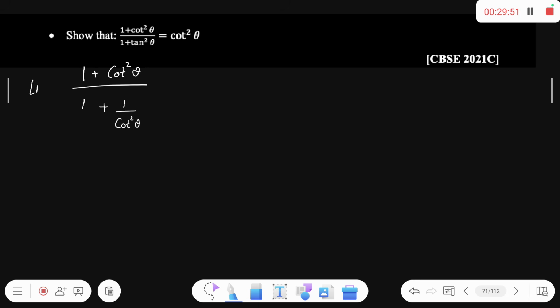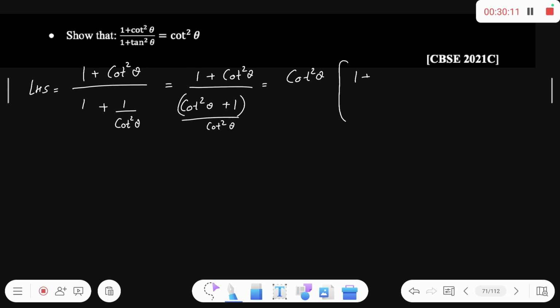Taking LCM, 1 plus cot square theta upon (cot square theta plus 1) divided by cot square theta, or cot square theta into (1 plus cot square theta) upon (cot square theta plus 1). This cancels out, is equal to right hand side, hence proved.